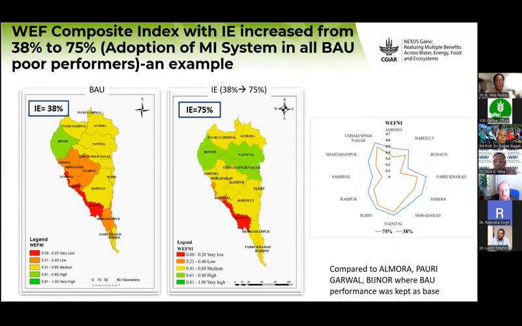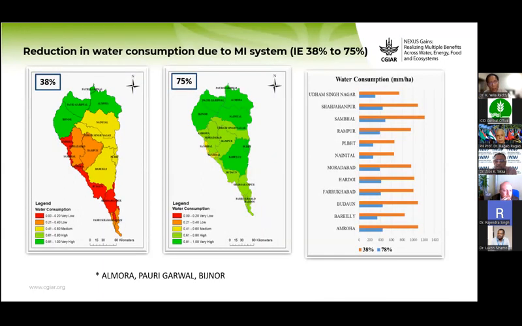And you can see how there is more positivity in terms of the water, energy, food nexus. So that's just an example, because we are running it for many scenarios and many areas, which I don't think I'll have time to get into. And this is how we are really saving on water and energy.